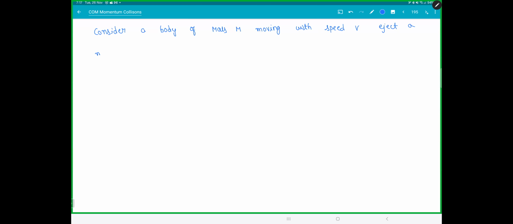Eject a mass dm with speed u relative to the body. Do you remember that thing, man jumping from the plank? Something of that sort.